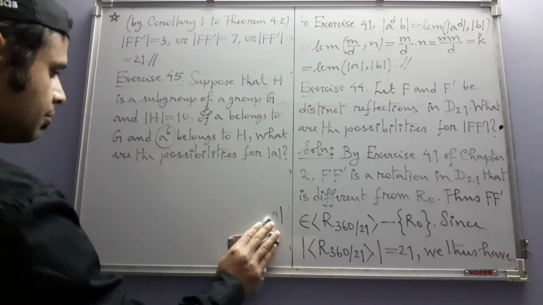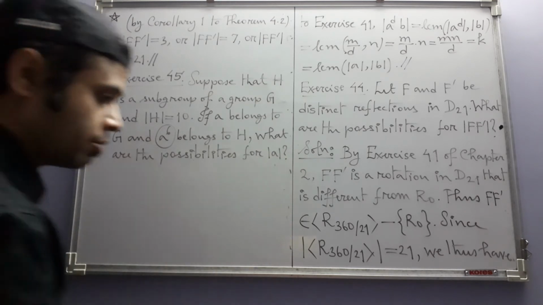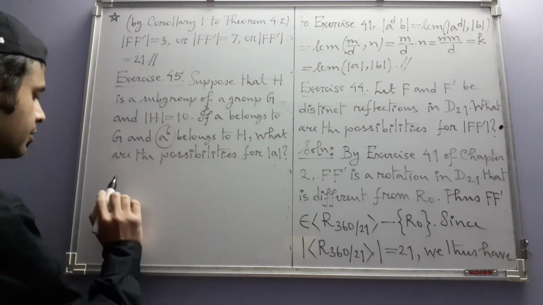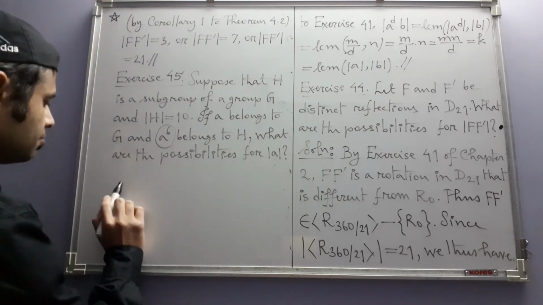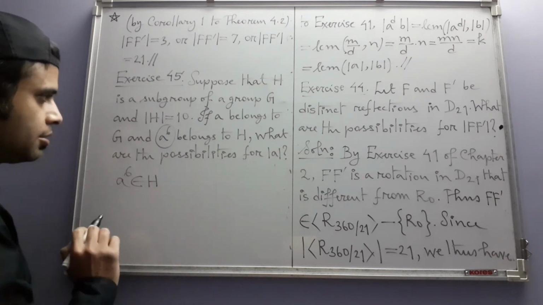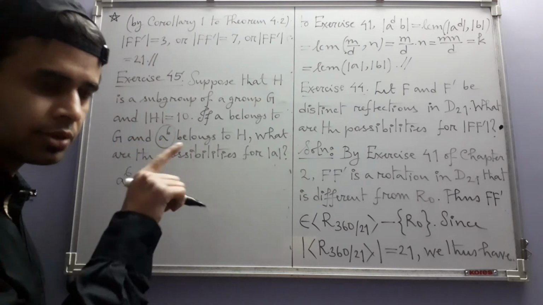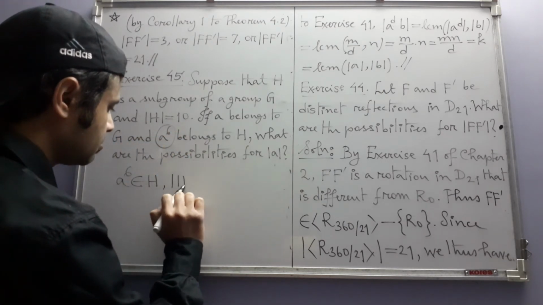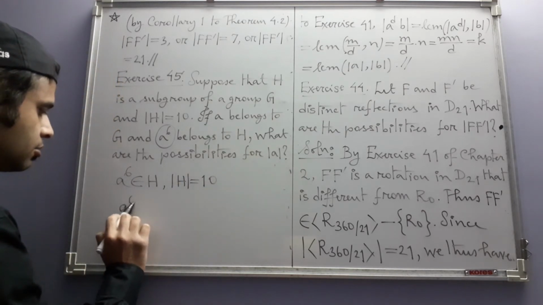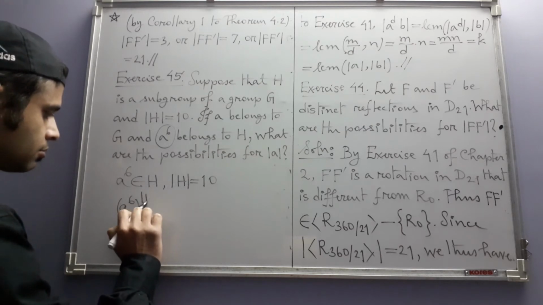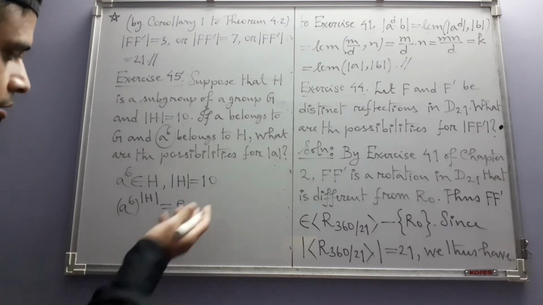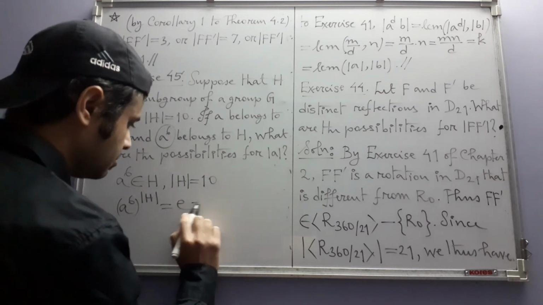Let us first assume that we know Lagrange's theorem in general, and in particular we know that result. Now because A to the power 6 belongs to H and H is given to be a finite group whose order is 10, this should be true, according to what we were talking about right now.